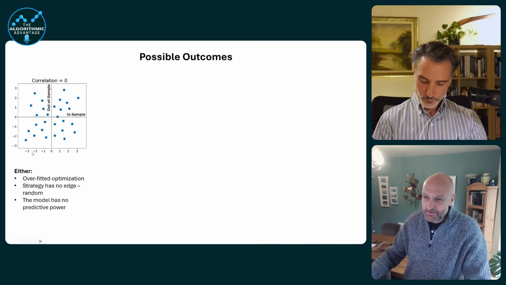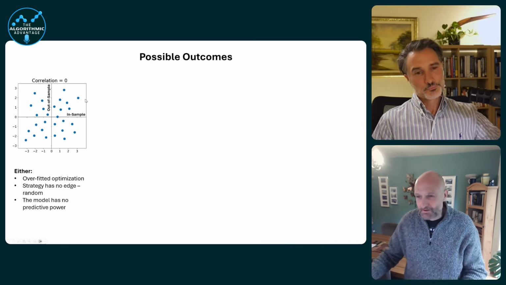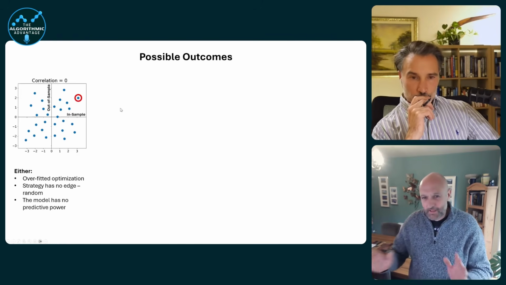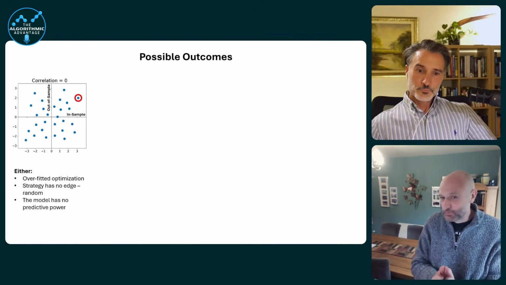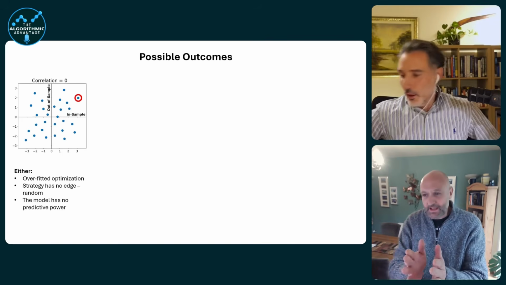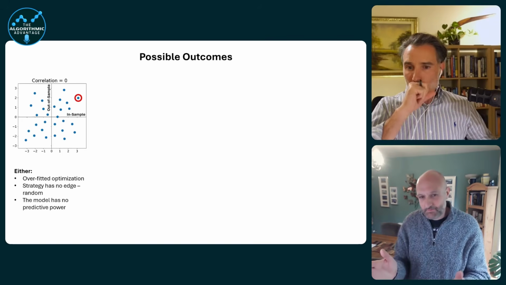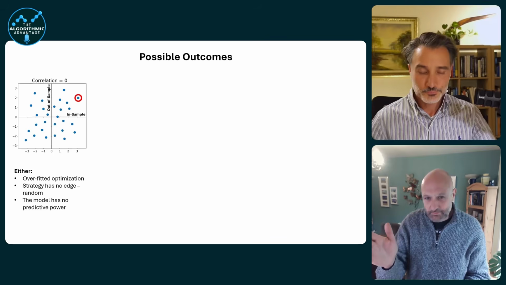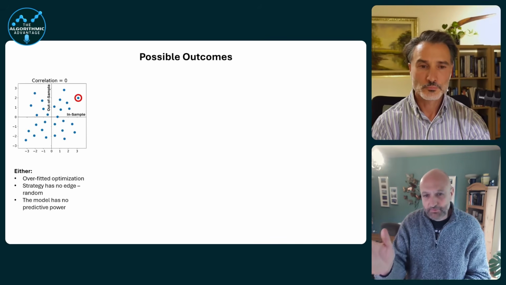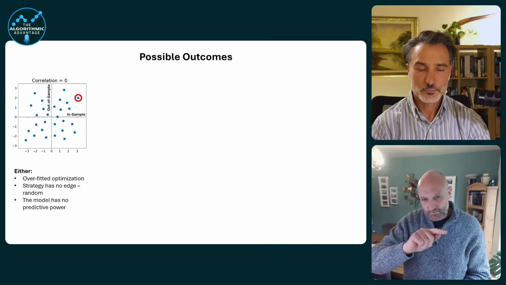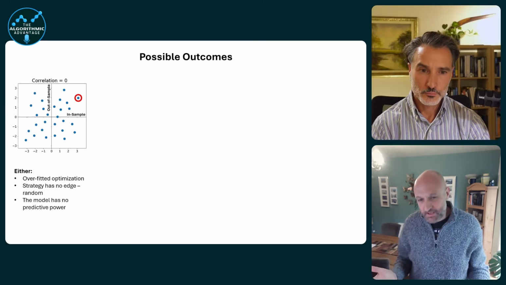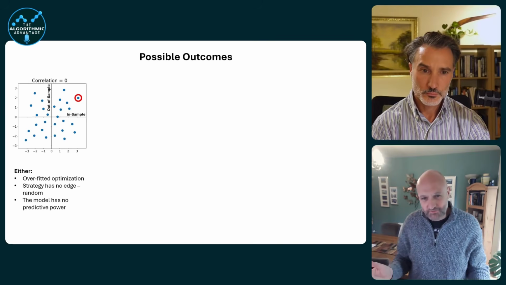Look at this point here, top right. Let me circle it. There you go. This point top right is a really important one because in the in-sample data set, these are the parameter values that performed best. This is the peak. It's the highest peak on your optimization surface.